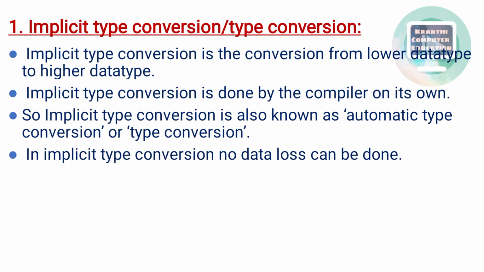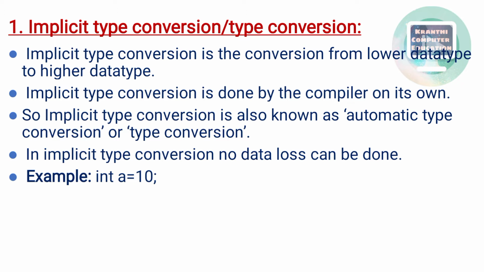In implicit type conversion, no data loss can happen. Here lower data type means low memory capacity, and higher data type means high memory capacity. So lower values are going to be stored in higher types, so there should be no data loss in implicit type conversion.